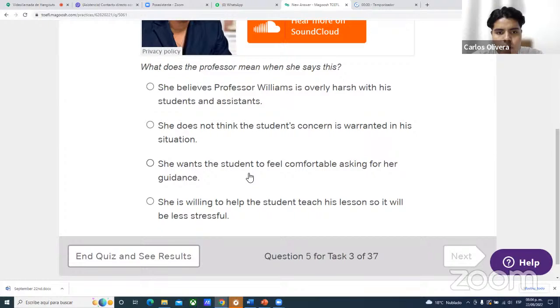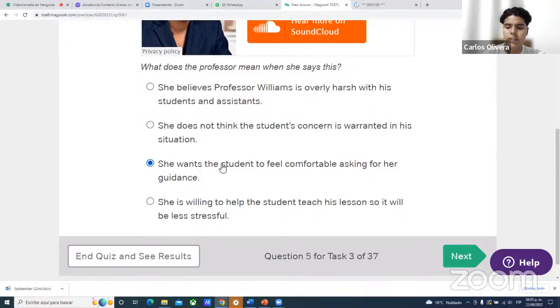Feel comfortable asking for her guidance. I think it's the third one, dear students. She wants the student to feel comfortable asking for her guidance, because when you say don't sweat it, right?